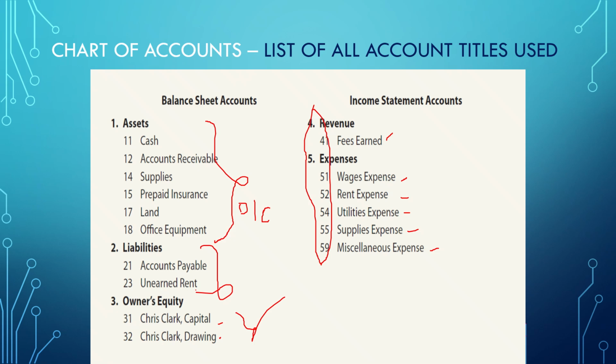So capital will only have credits, revenue will only have credits, while drawing will only have debits, and all expenses will only have debits during the year. Okay? But at the end of the year, of course, it's another story. There is possible decrease of these accounts for adjustments and closing entries, which we'll discuss further in chapter 4.